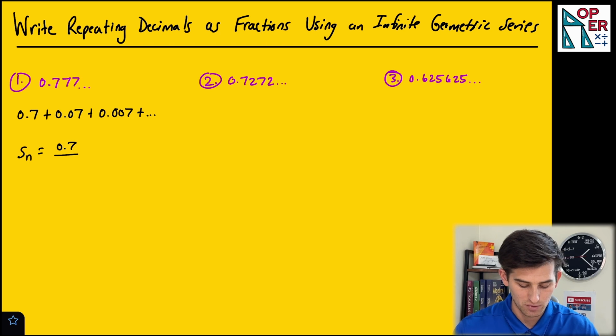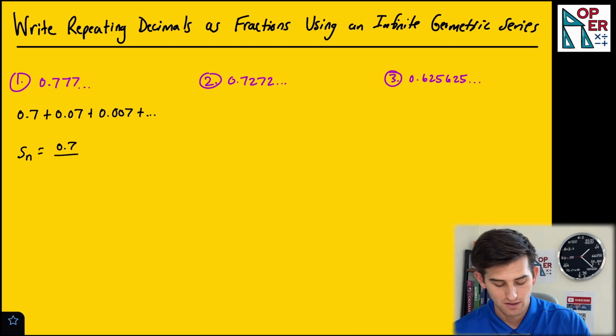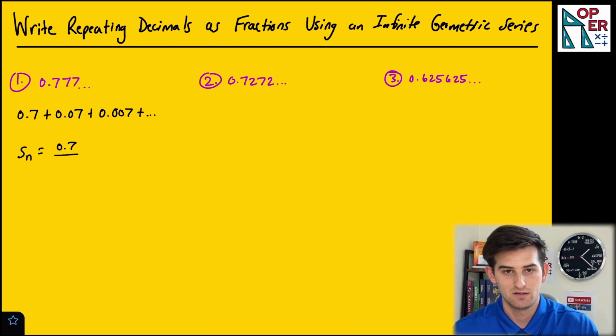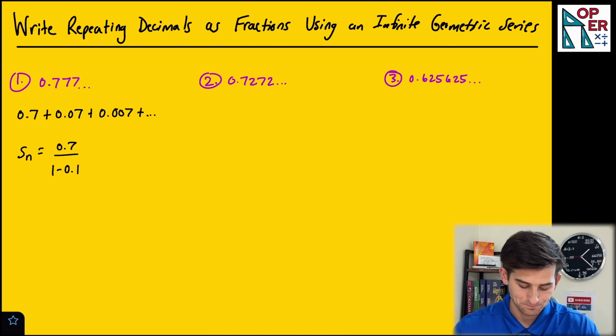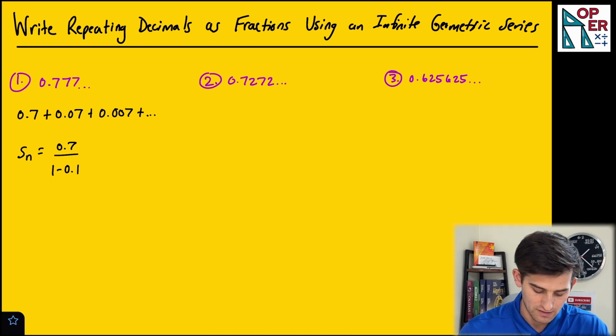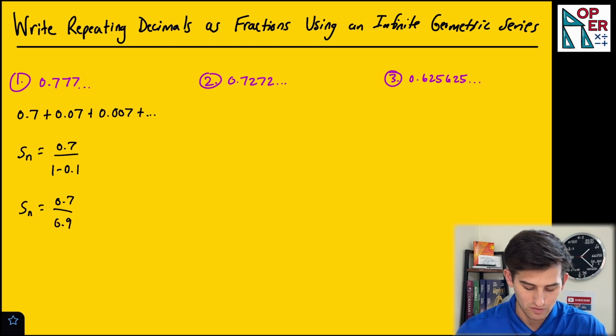Well, to go from 0.7 to 0.07, we are just multiplying by 0.1, right? So if I put that in here, 1 minus 0.1, then we can go ahead and figure out our repeating decimal as a fraction. So we have 0.7 over 0.9.